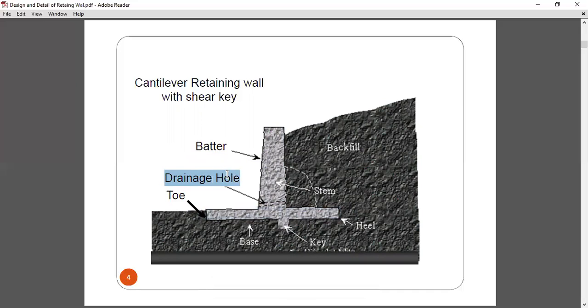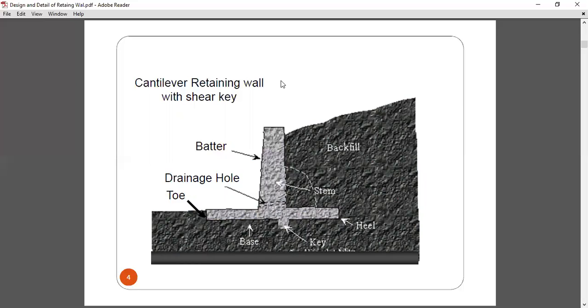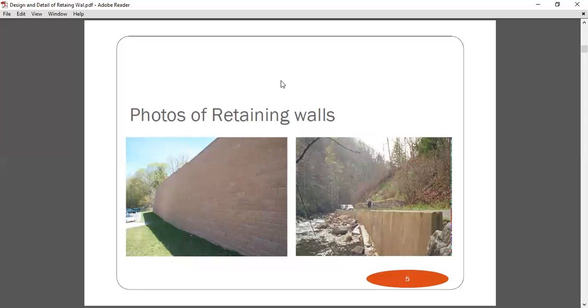For the purpose of water transmission, we have to use drainage holes. These are not holes as we might think; they are small holes in the retaining wall through which the water pours out. This is the cantilever retaining wall with shear key.